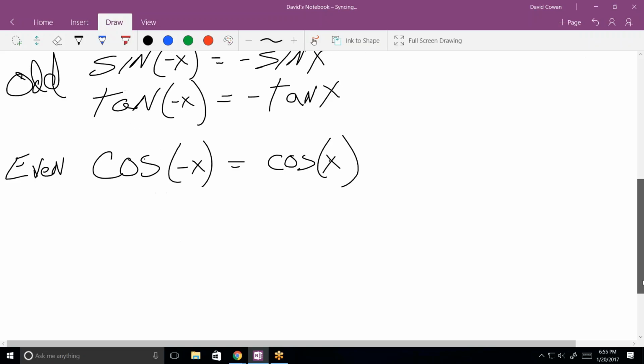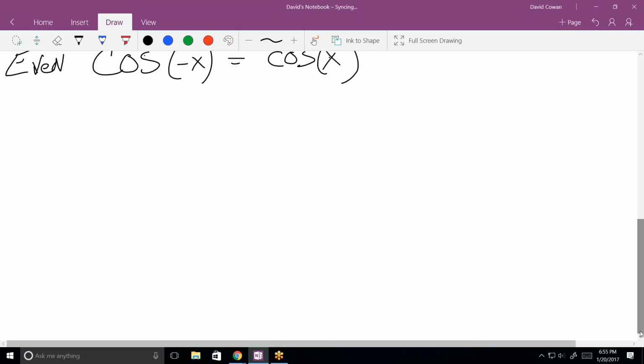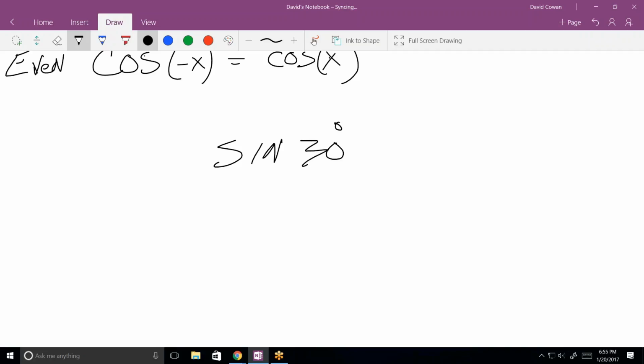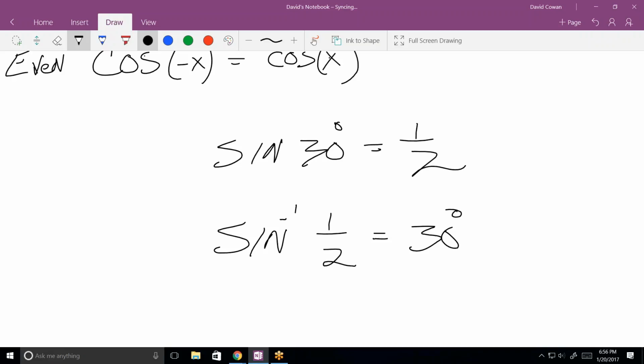Okay, now let's talk about inverse. If the sine of 30 degrees equals 1/2, then the inverse sine of 1/2 equals 30 degrees. These two are if and only if.